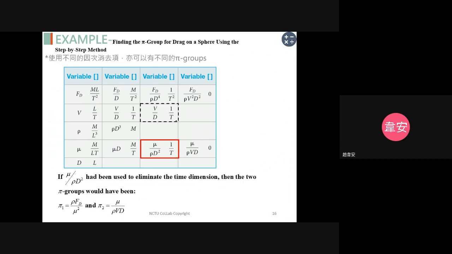But right now, if we use a different parameter to delete the dimensions for the other two parameters, we will have a different pi 1 result. So that means if we use a different item to cancel out the different dimensions, we will have a different result of the pi groups.